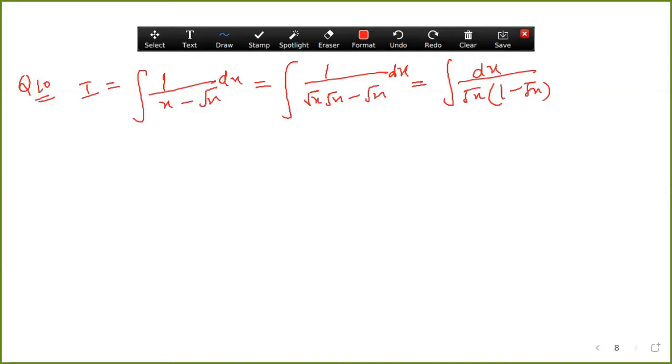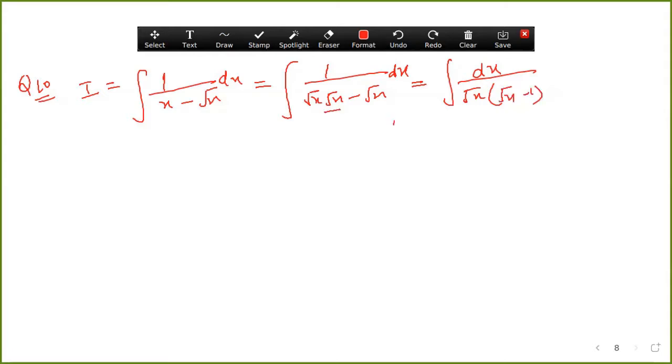Now you can put the substitution. I think I have done it wrong. Okay, because this is root x and here it is root x minus 1. Yes.